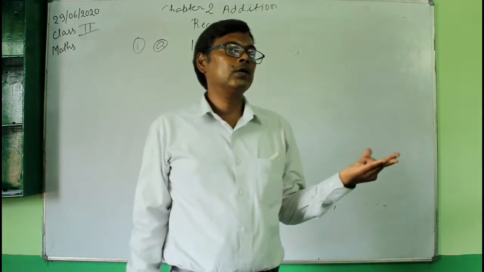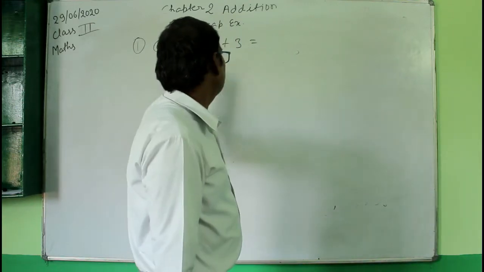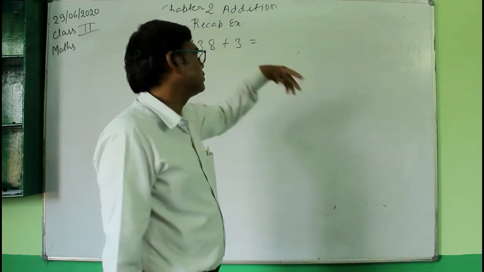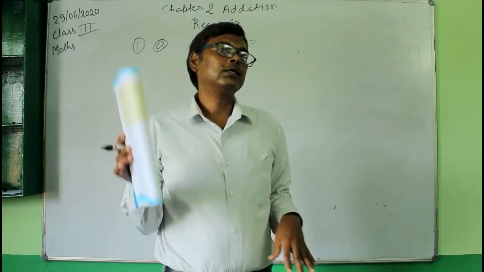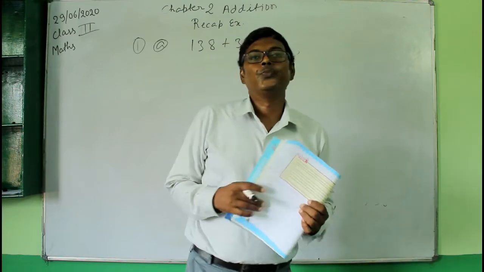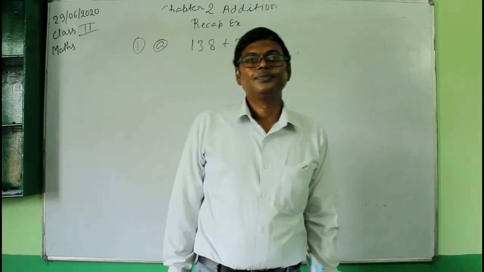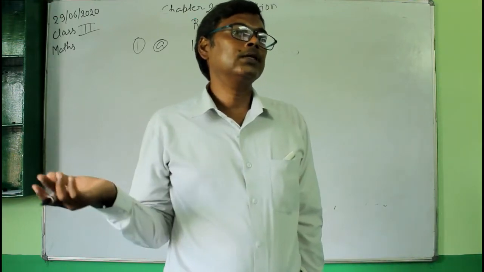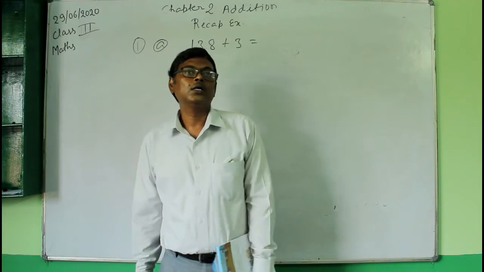We can find the answer by using our fingers only, because we already have 138, and 3 more. So just count beyond 138. 138 के बाद काउंट करना शुरू करो. तो 138 के बाद क्या होगा? 139. Then 139 के बाद क्या होगा? 140. और उसके बाद क्या होगा? 141.